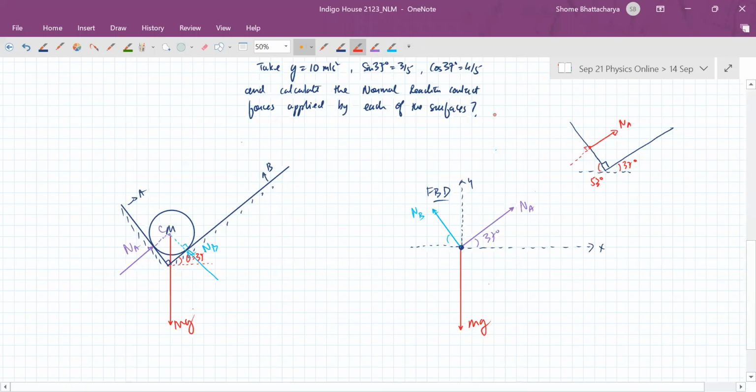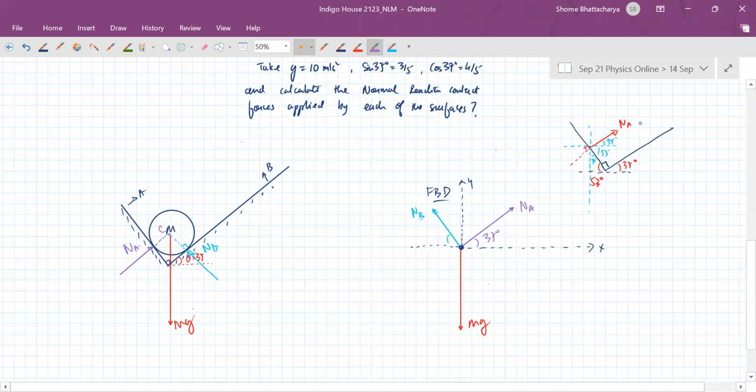So that's how you will see that this angle works out to be 37, because this angle is 53. So again, this angle is 37. So Na is acting at 37.